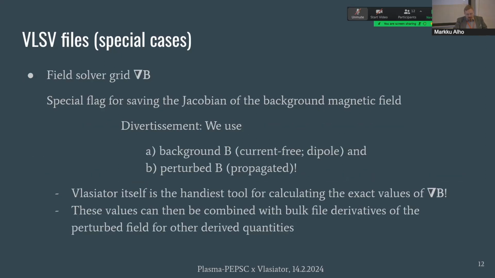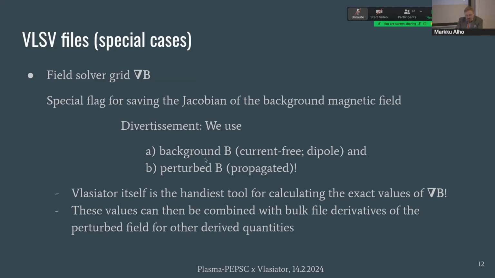Yeah, these are the special cases. One extra special case is storing the magnetic field Jacobian for the initial condition, or rather the background magnetic field. And I don't think we have actually mentioned this before, but in the solver we use two different magnetic fields.